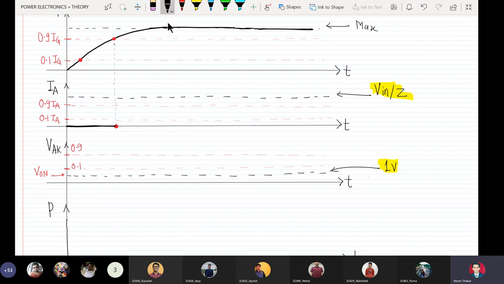So now the current starts increasing gradually and say it reaches 10% of its value here. So this will be the delay time. This is delay time TD.